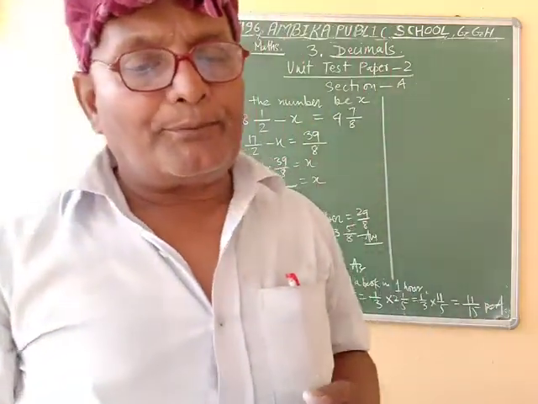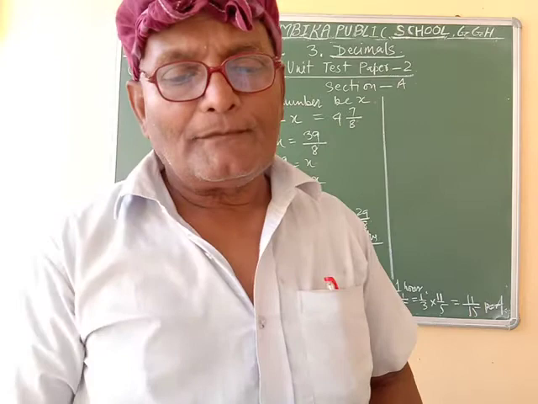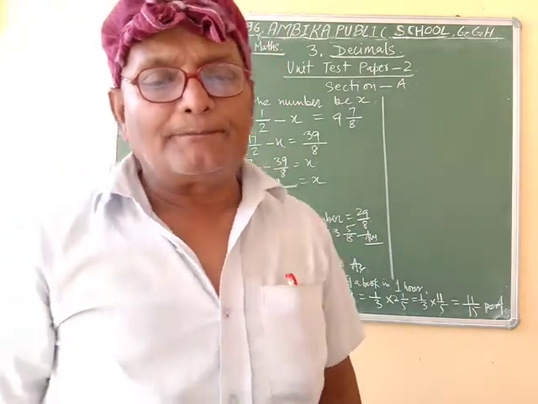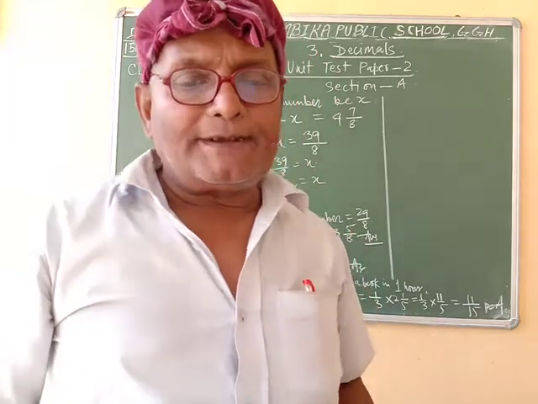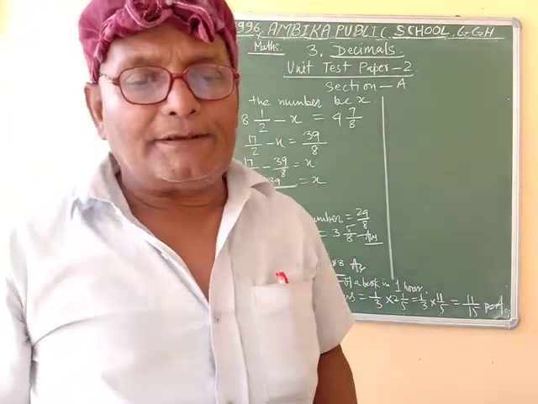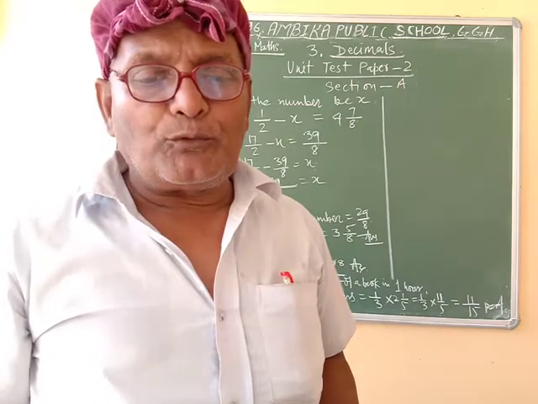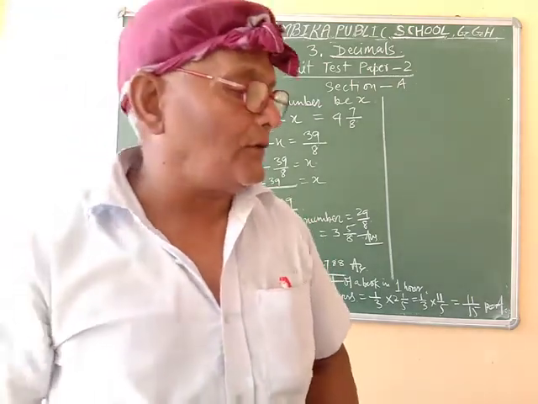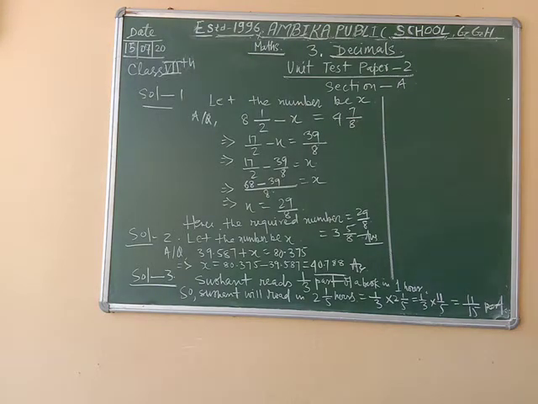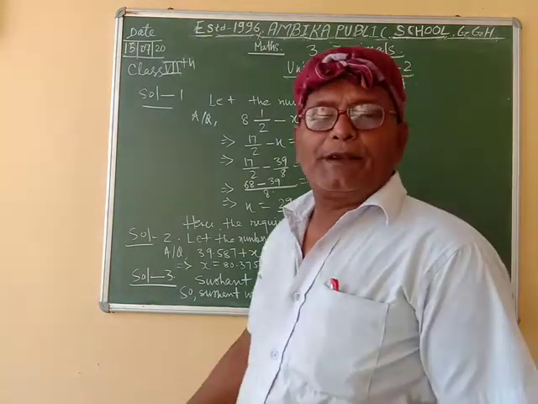In question number 5, the length of a rectangle is 7.1 centimeter and its breadth is 2.5 centimeter. What is the area of the rectangle? We know that the area of a rectangle is equal to length into breadth.